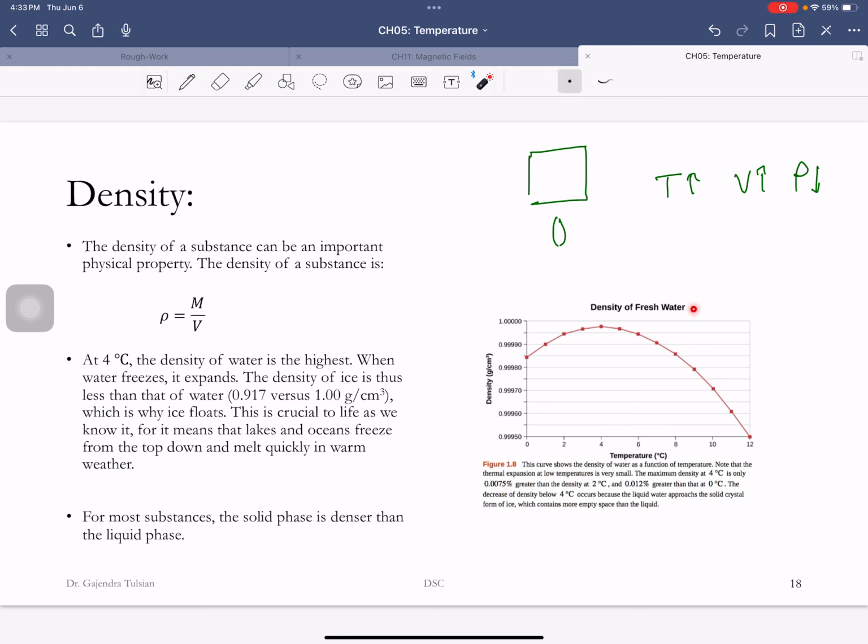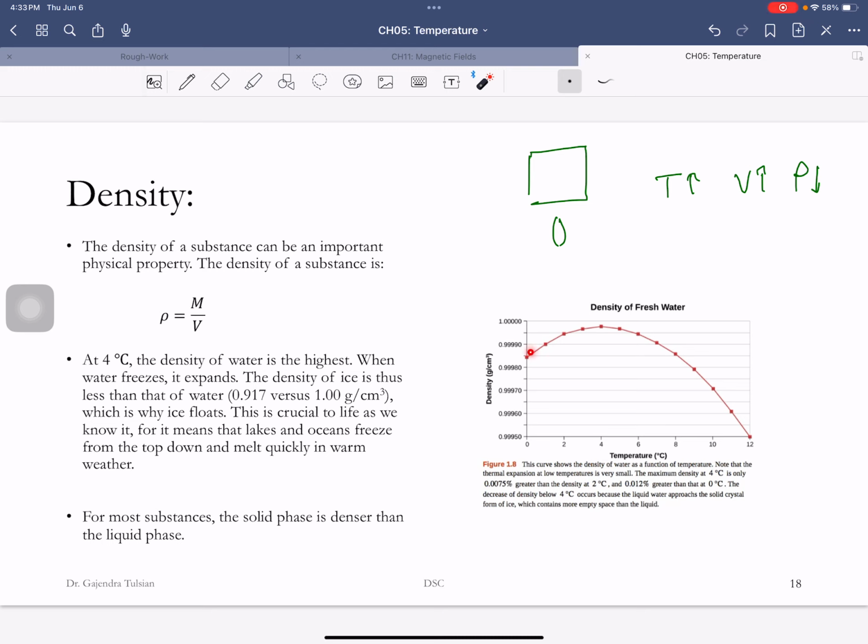But water is unusual. Here's the density of water, and you see when the temperature rises from 0 to 4 degrees, density decreases for most materials, but for water, the density has increased in this window.